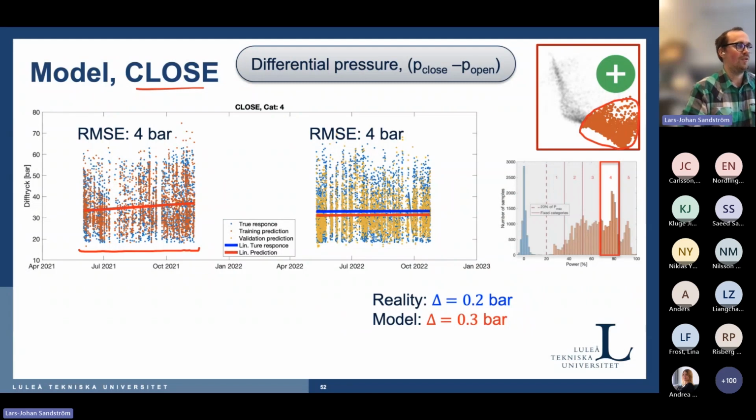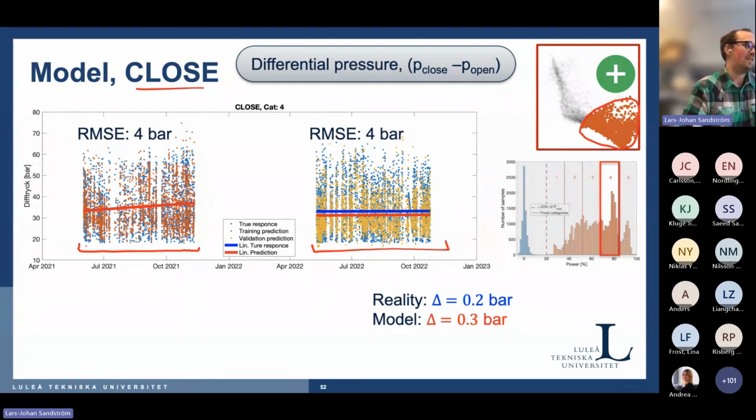And then we will use this model to predict the differential pressure later in time. And if the model and the reality have huge differences, then we can say that we have some behavioral changes regarding the differential pressure. So here, we trained the model on this period of time, and then we predicted here 6 months that are, yeah, a year later, but the same 6 months of data.